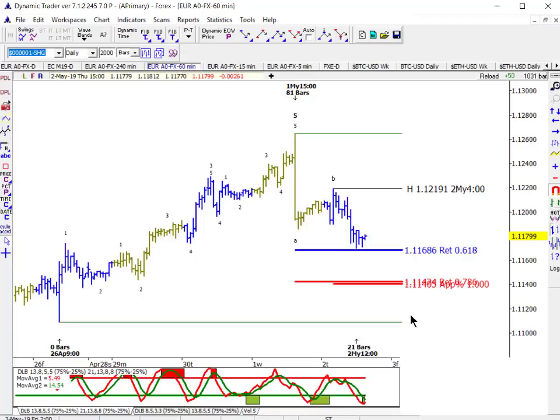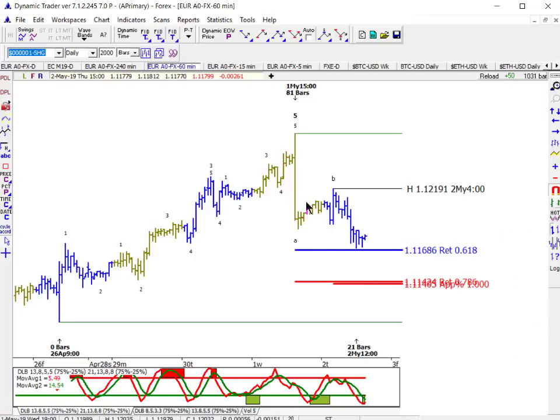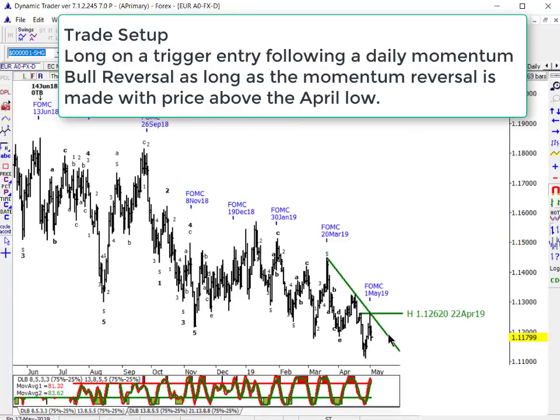So here's what I'm looking at next week and what you ought to have on your radar. Very similar to a couple of markets we've looked at this week, bonds and notes and others, next week if we make a daily momentum bull reversal with price above the April 26 low, that will be an ideal setup to continue a bull trend, probably for several weeks.